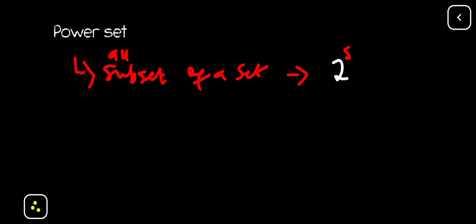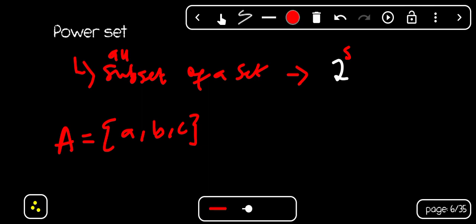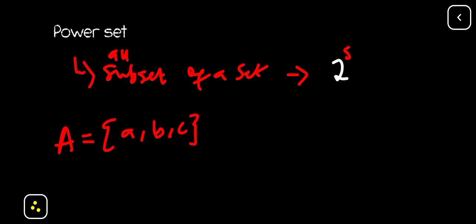So let's give an example. Let's say we have a set A being A, B, and C. What is the power set? They're asking you for all the subsets that can come out from the set A. In other words, to solve this, we understand that the number of elements A, B, and C is 3.